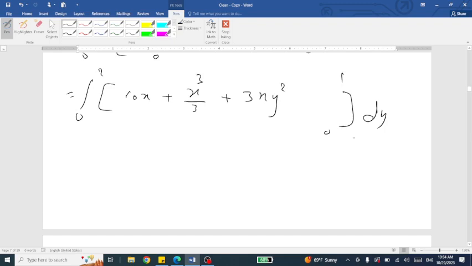Because we have an x, for the second part, substituting lower boundary will be 0.